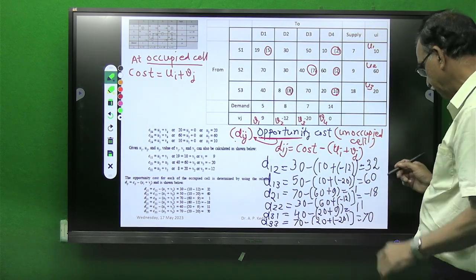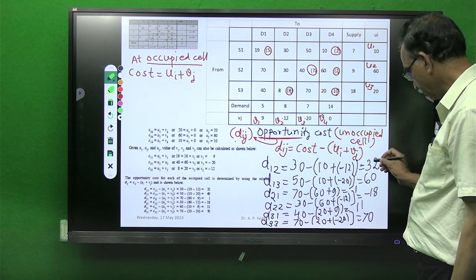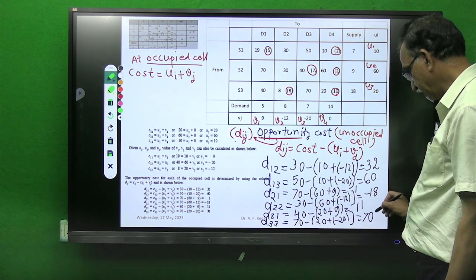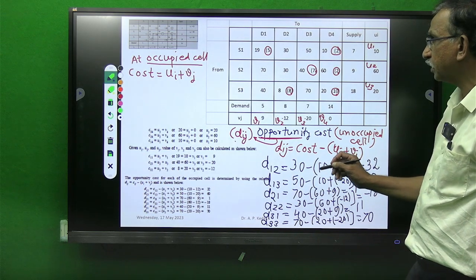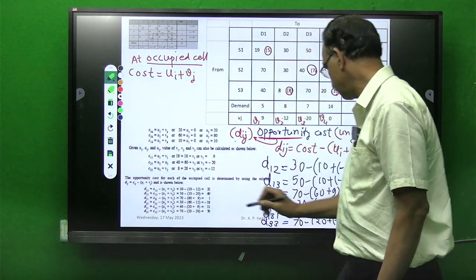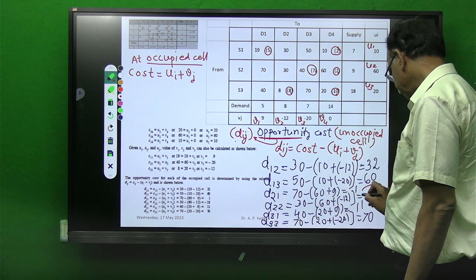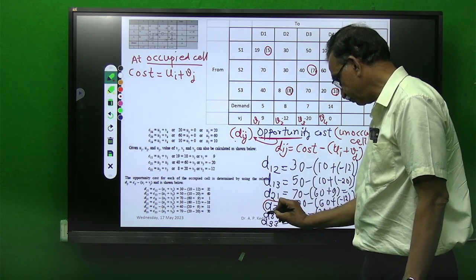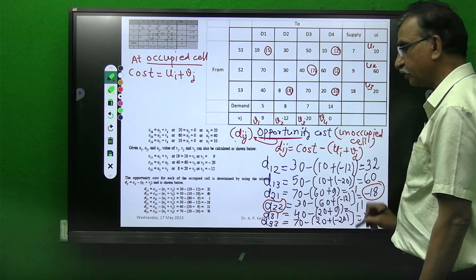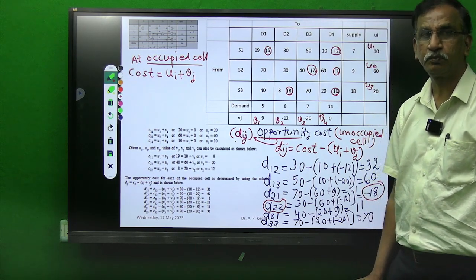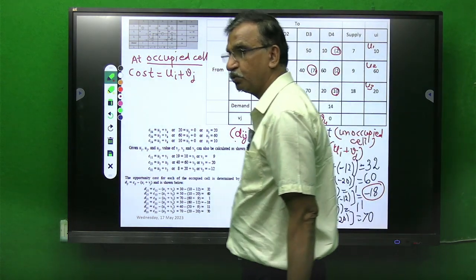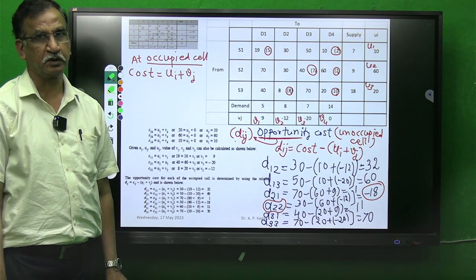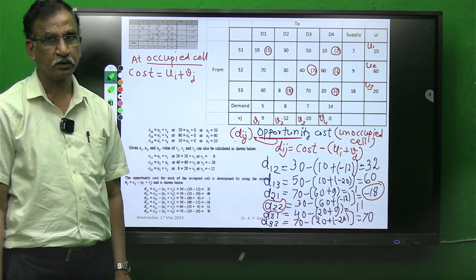So here you can see that amongst these values 32, 61, minus 18, 11 and 70, this particular value minus 18 for D22 is negative, and therefore students, this solution is not optimal. Improvement is possible. Got it?